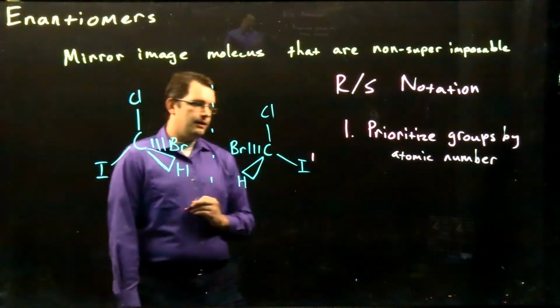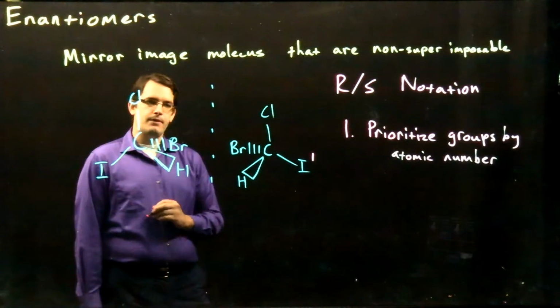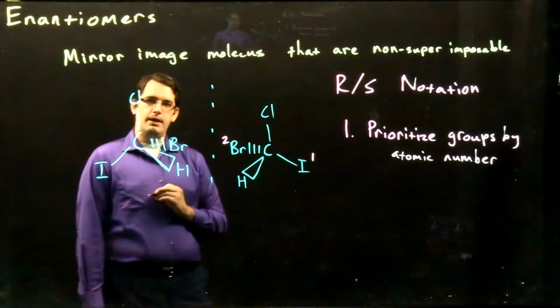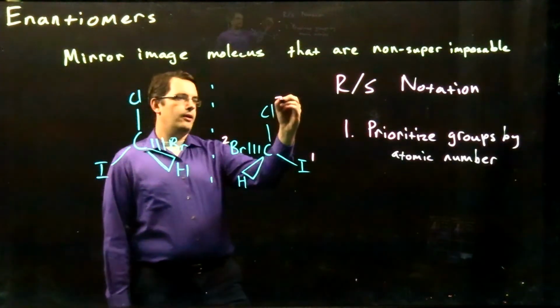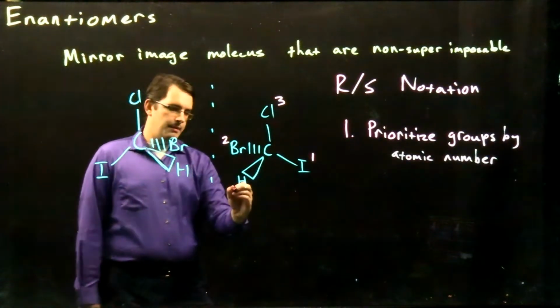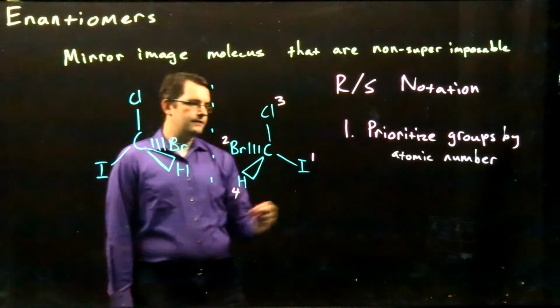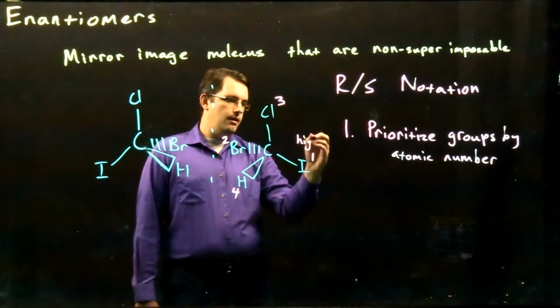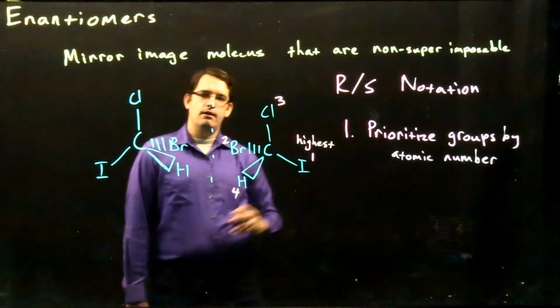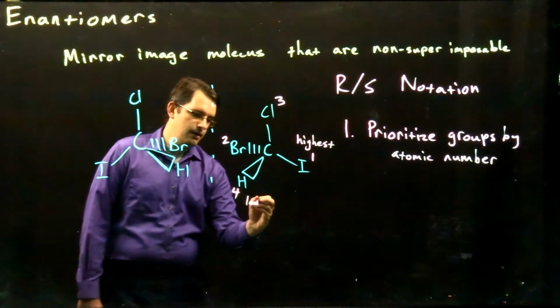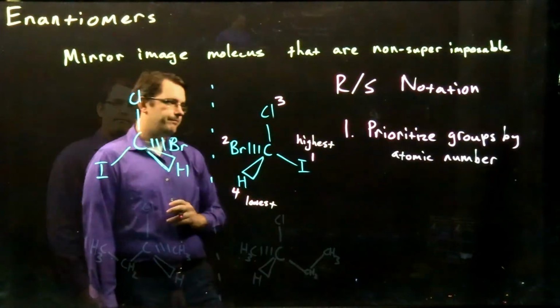That would be my iodine first, that gets a little 1. My bromine would be number 2. My chlorine would be number 3. And my hydrogen would be number 4. So I'm just ranking them highest to lowest atomic number. My highest is my iodine. My lowest is my hydrogen.